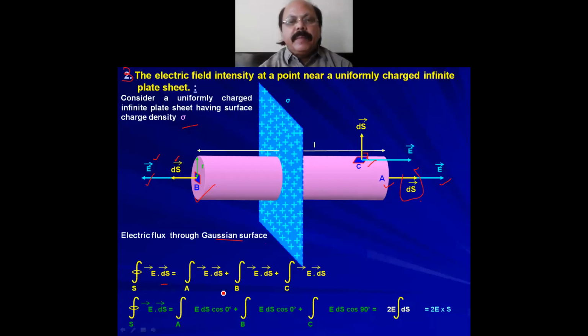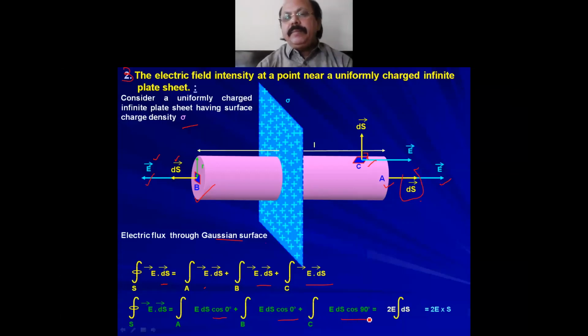So that is integral A E dot ds plus integral B E dot ds plus integral C E dot ds. So angle for curved surface C is 90 degrees. For the flat surfaces it is 0 degrees. So in the next step, closed integral E dot ds equals integral A E ds cos 0 plus integral B E ds cos 0 plus integral C E ds cos 90 degrees.